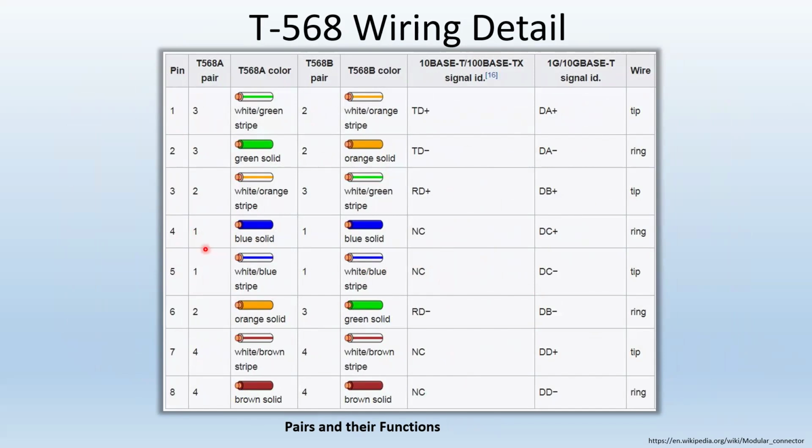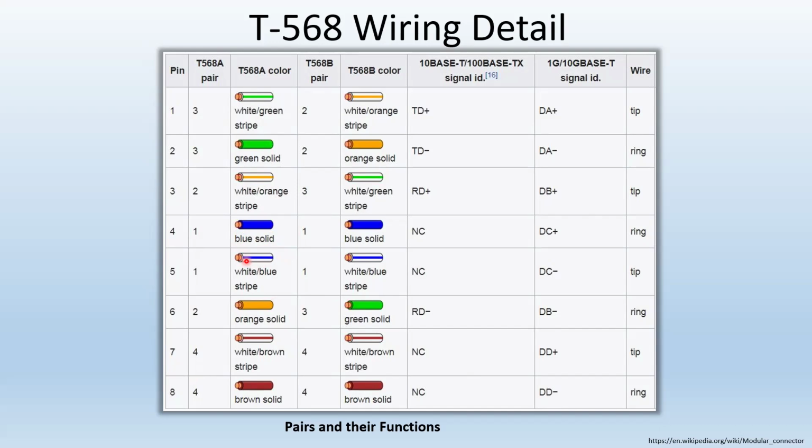So here's the picture of the pins. See, pin 1, 2, 3, 4, 5, 6, 7, 8. All right. Here is pair 1. Okay. That's how things are. There's a solid. Here is the stripe. Pair 1, blue, orange, green, brown.